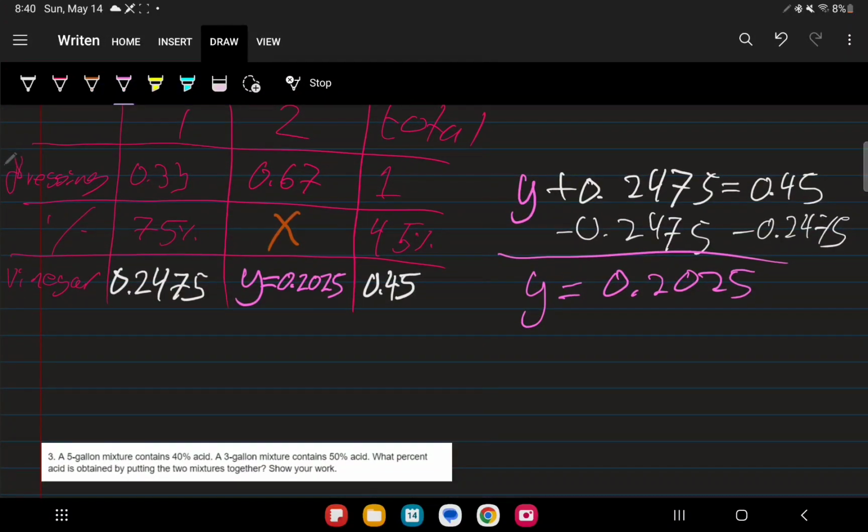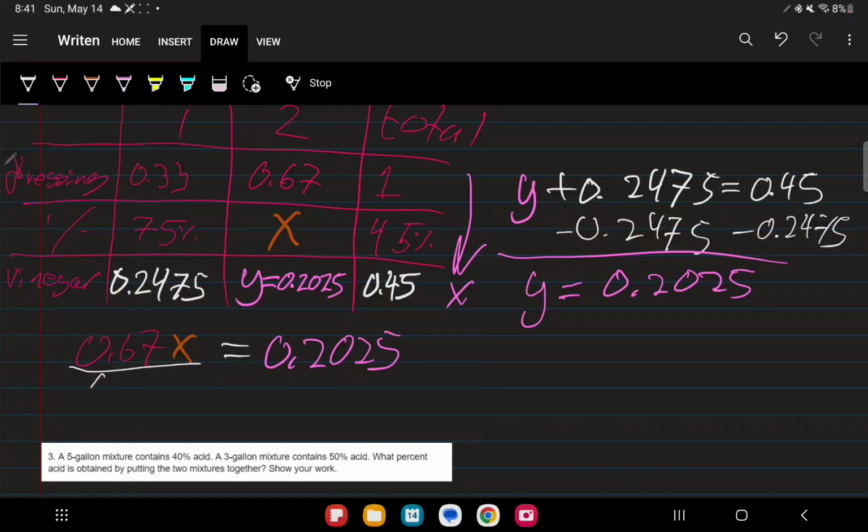Remember that going down, we multiply. So I get this guy, 0.67 times x is equal to 0.2025. Do some division, 0.67 divided by 0.67.